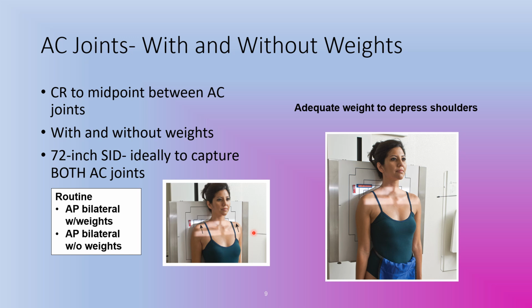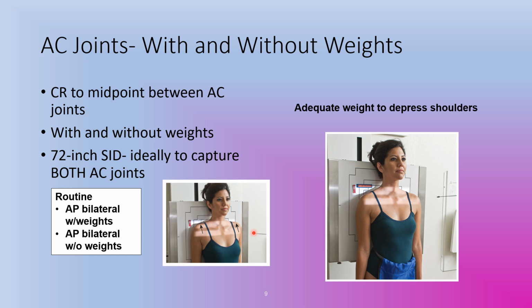If you end up having to do each joint individually, then you're going to do right without weights, right with weights, left without weights, left with weights. So you would end up doing 4 IRs at 40-inch SID, and your technique would be less at 40 than it was at 72.